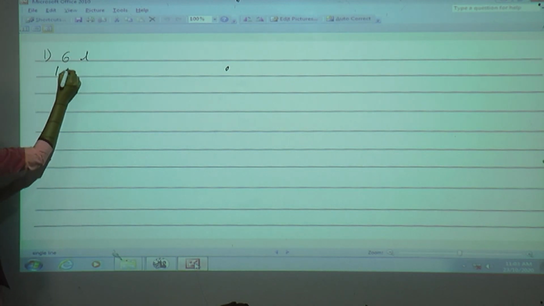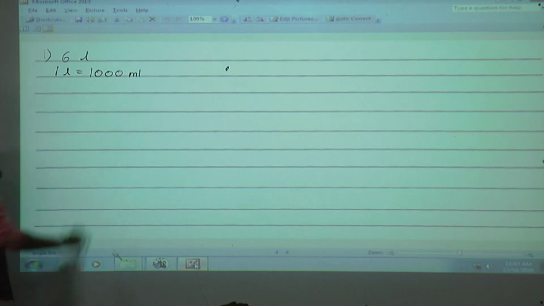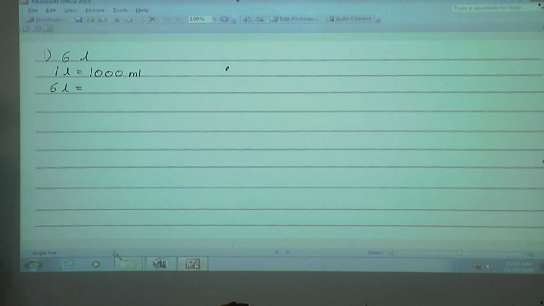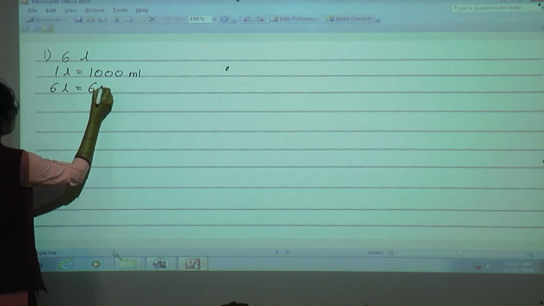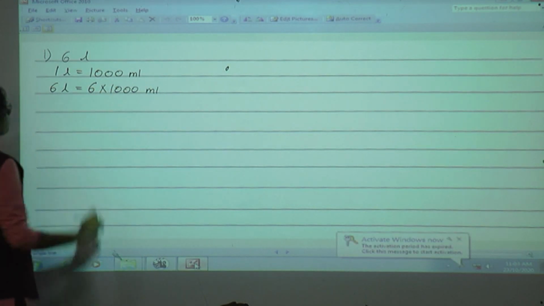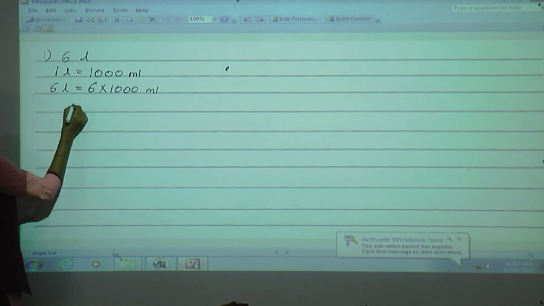Yes, 1 liter is equal to 1000 milliliters. So 6 into what do we have to do? 6 into 1000 ml. If we multiply by 1000, then liters will convert into milliliters. So 6 into 1000 is equal to 6000.